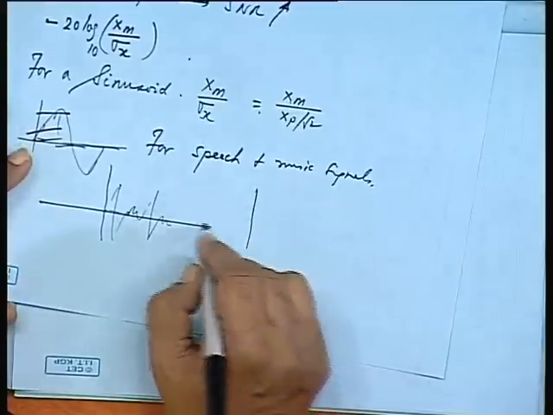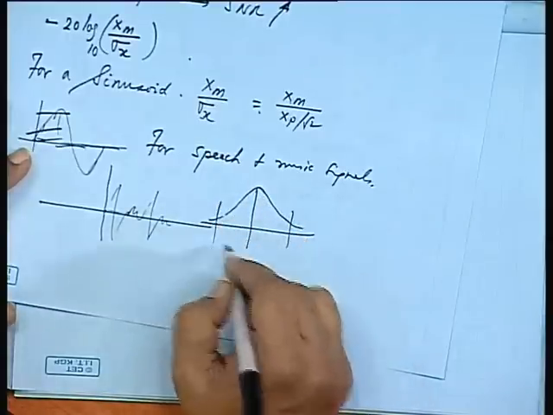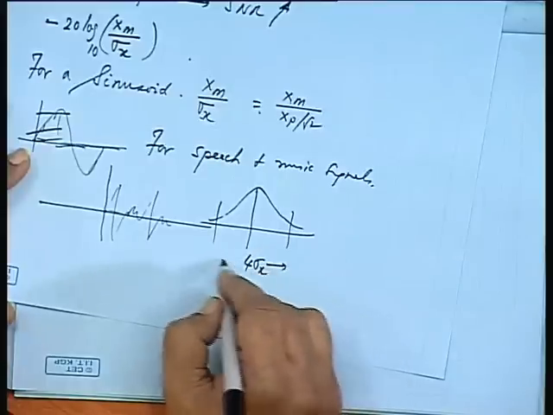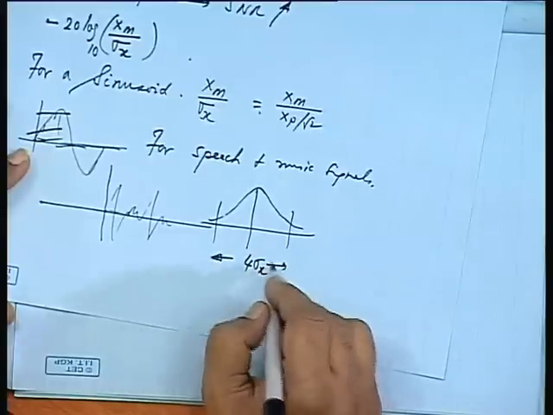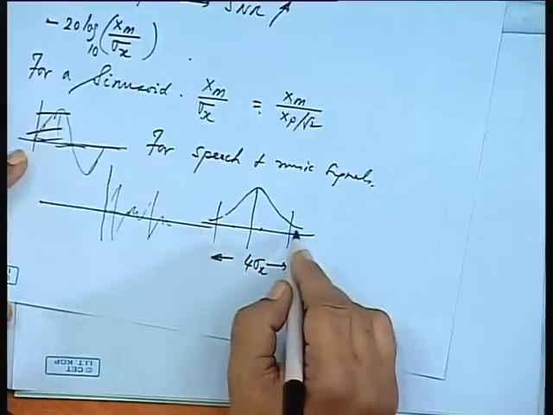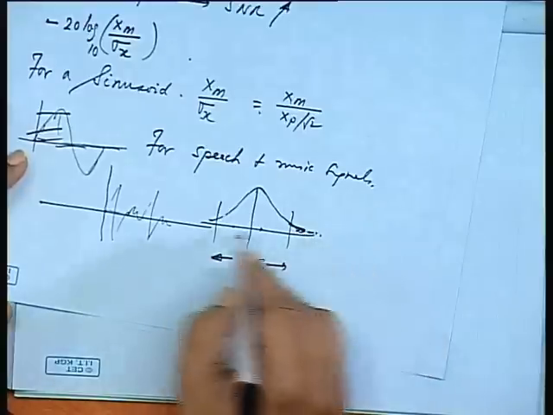In a normal distribution, if I take 4 times sigma x, then what percentage of the points will be lying above this or below this?